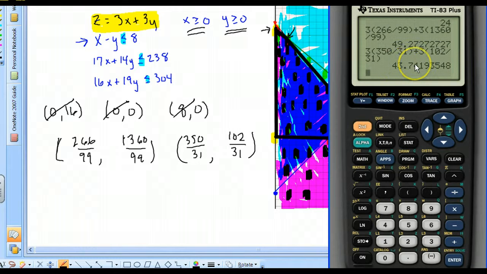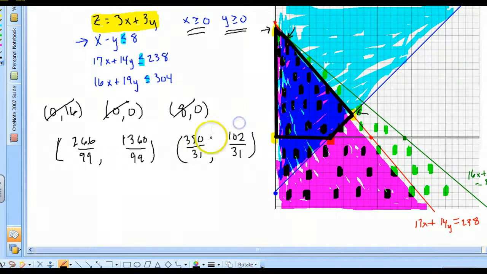So 43.7, so that's out, and that means this is the point that maximizes it. So this is the point that we're after.